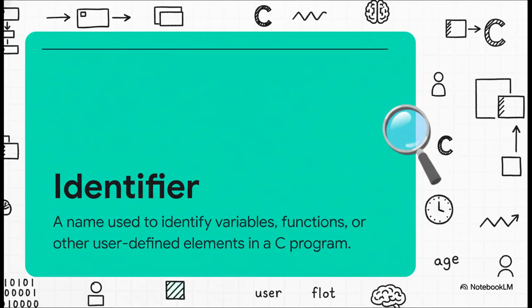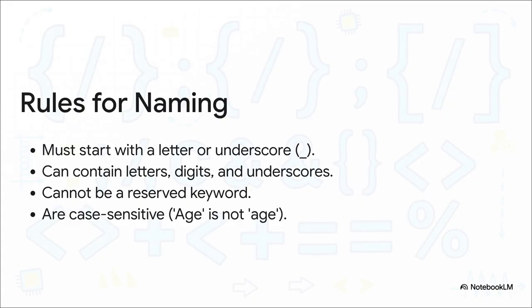There are some rules. And here are the rules of the game. First up, an identifier must start with a letter or an underscore. No numbers allowed at the beginning. After that first character, you can use letters, numbers, or underscores. You also can't use a word that's already reserved by the C language, like int. And, as we said, it's case sensitive, so age with a capital A is totally different from age with a lowercase a.